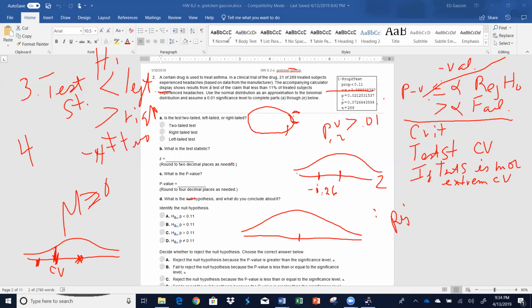So we'll do a left-tailed test. Your critical value is here. If the test statistic is more extreme, because this is 0, if it's out here someplace, then you reject the null hypothesis. If, on the other hand, the test statistic is on this side of the critical value, then you fail to reject the null hypothesis.